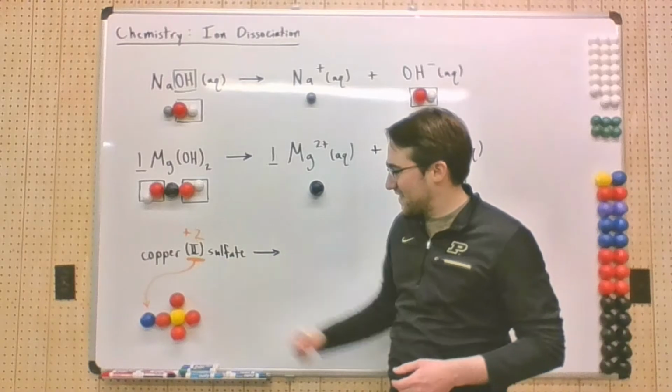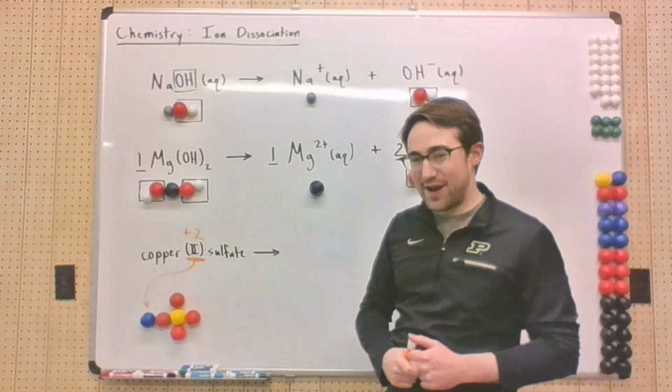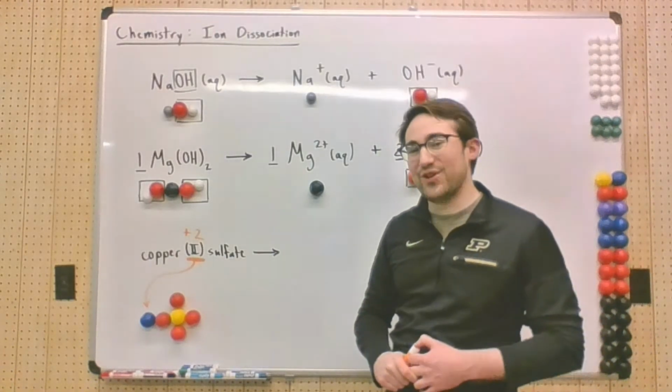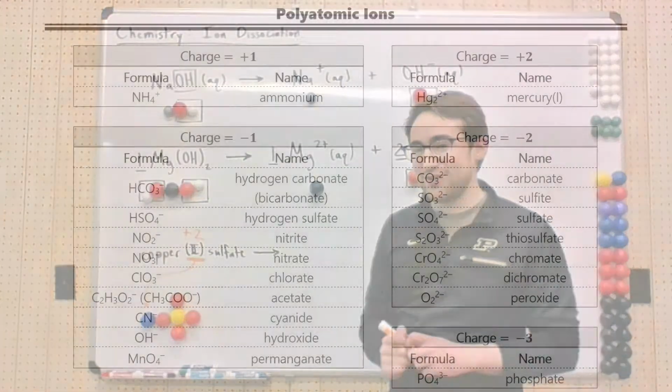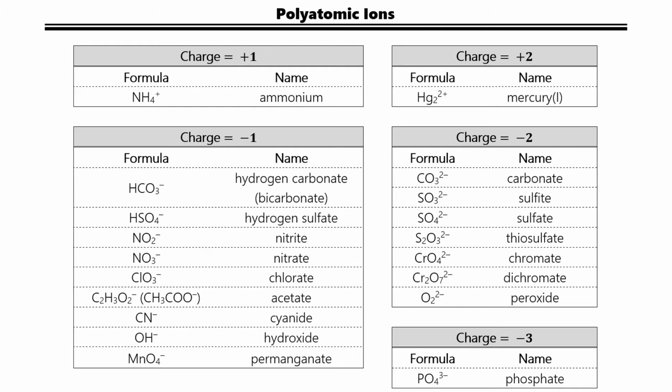Okay. Sulfate is a polyatomic ion. So if you don't know it, you should go look it up and then memorize it. But if you do know it, you'll probably know it as SO4, and it's got a negative 2 charge.